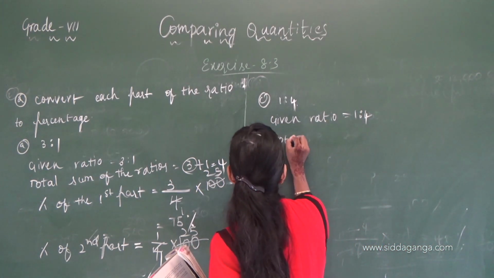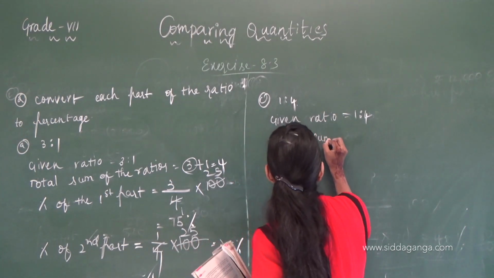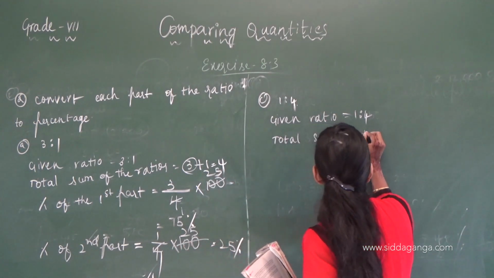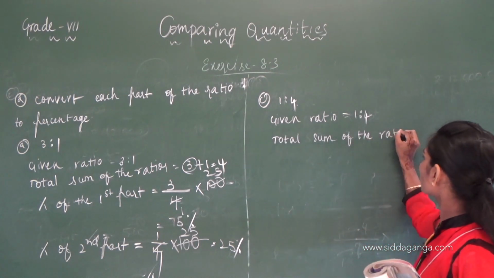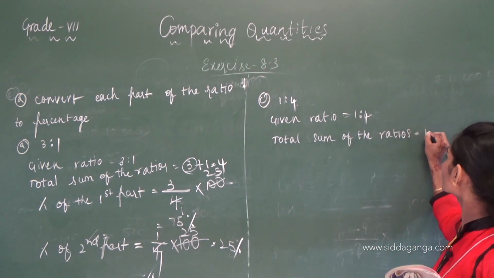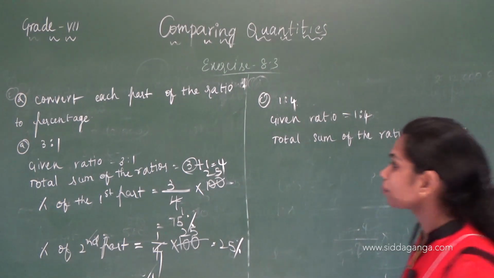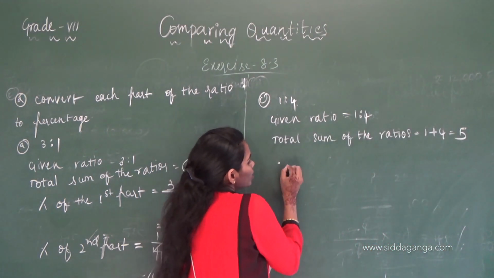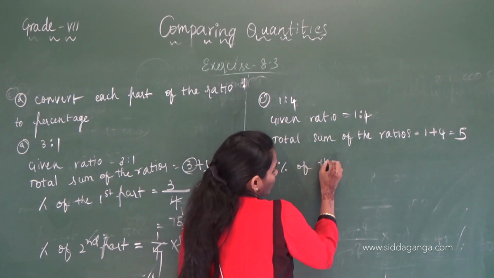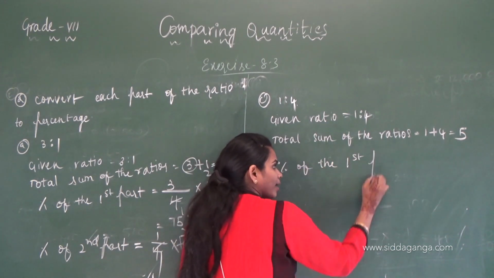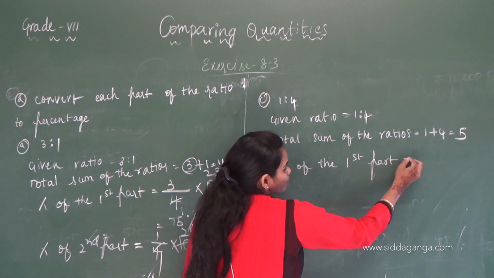Total sum of the ratios equals 1 plus 4 equals 5. Okay. Next we have to write the percentage of the first part. What is the percentage of the first part?